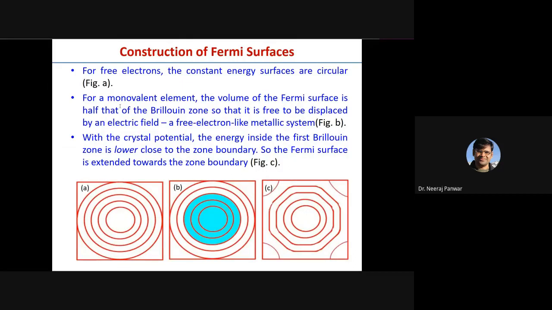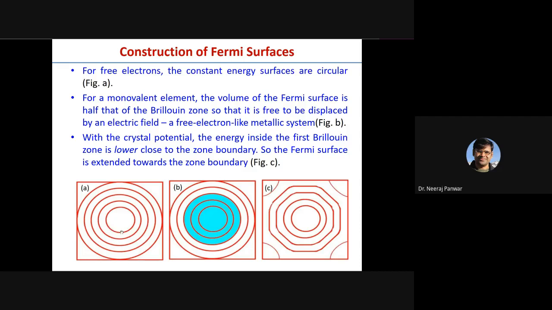But in reality, it is not so. There are many metals except the alkali metals where this shape is not spherical, but rather a distorted shape. Today we are going to see how different shapes different metals can have.